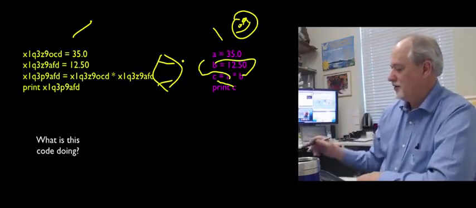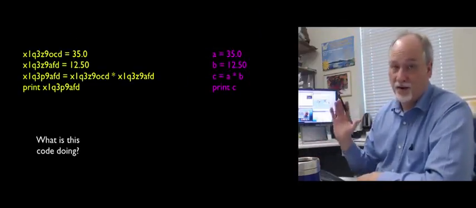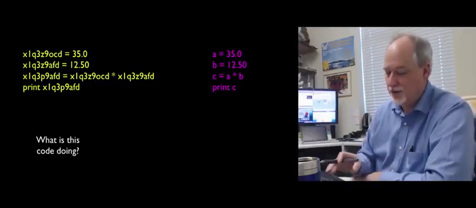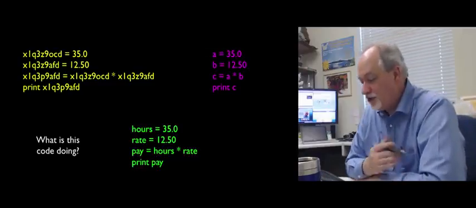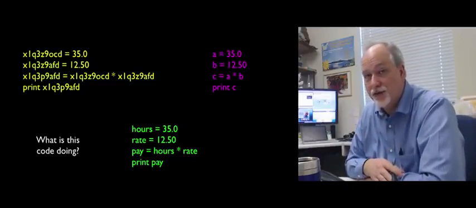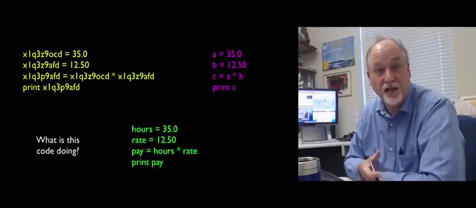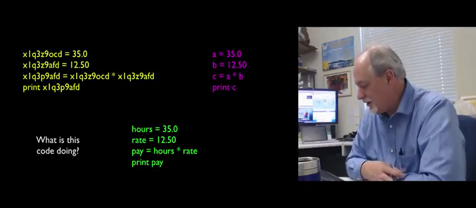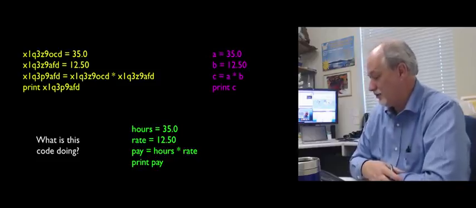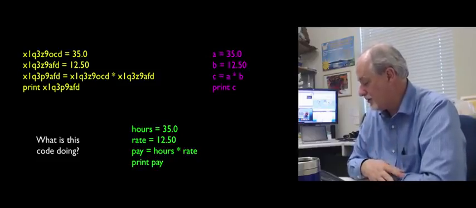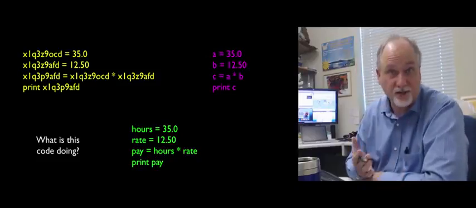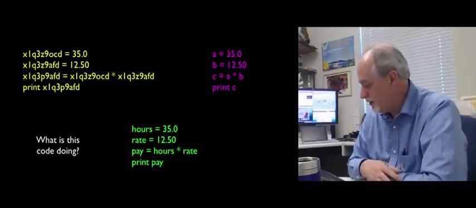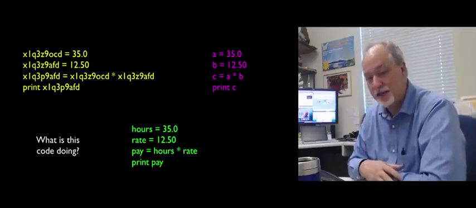So an even better way to write this exact same program to do the exact same thing would be to choose variables named hours, rate, and pay, if indeed that is what you're doing. Now you can look at this and you go, oh, well, 35 is the number of hours, and 12.5 is the rate, and the pay is the number of hours times the rate, and then we're going to print out the pay. That makes a lot of sense.